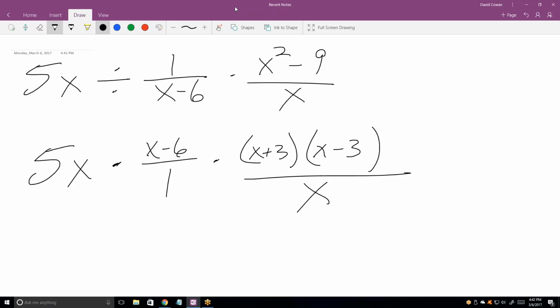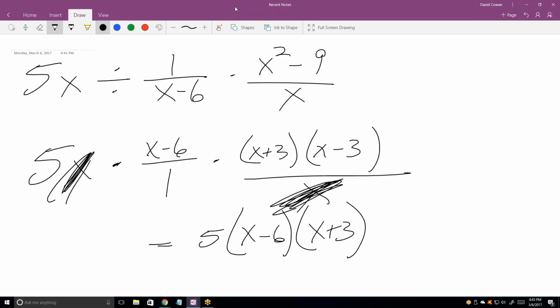So I can do some canceling. I can cancel that x with that x. And when I say cancel, I mean replace with the number 1, not the number 0. Okay? So now it looks like my final answer is this.